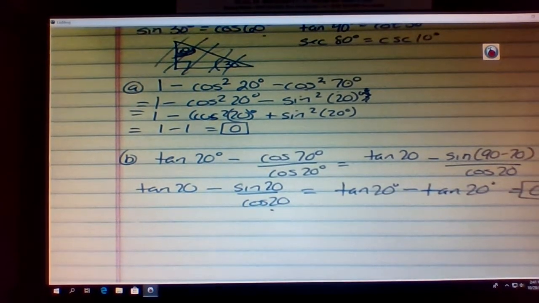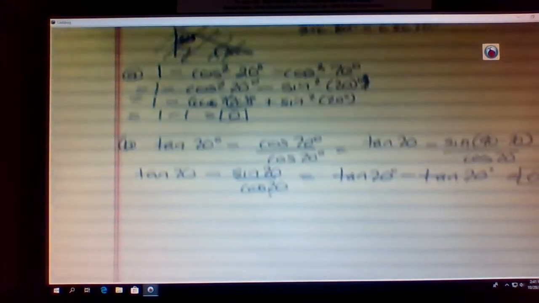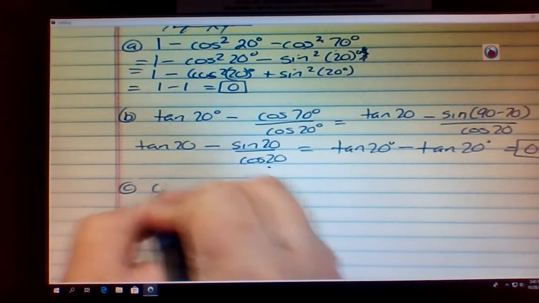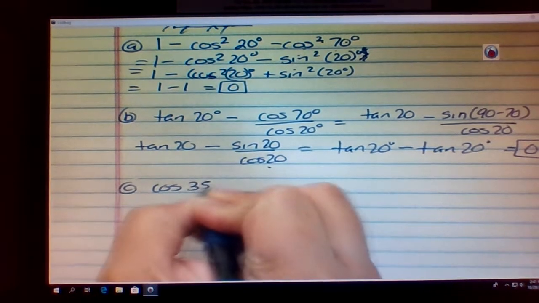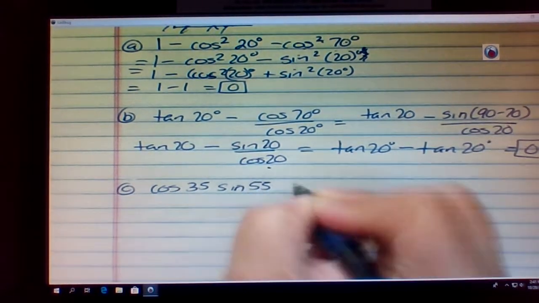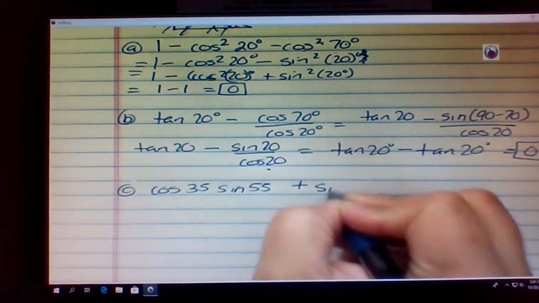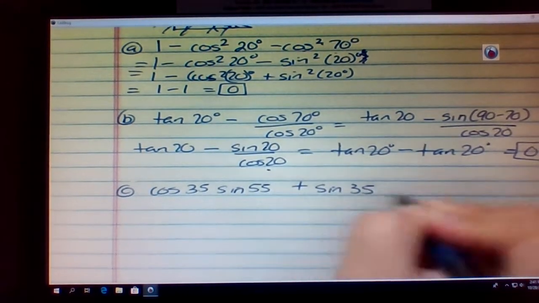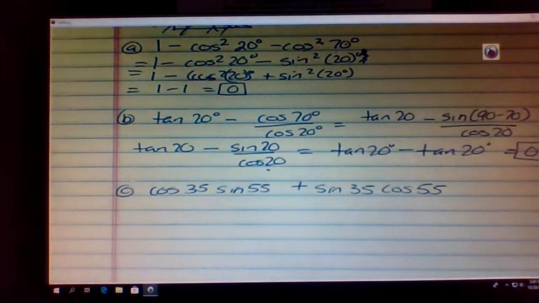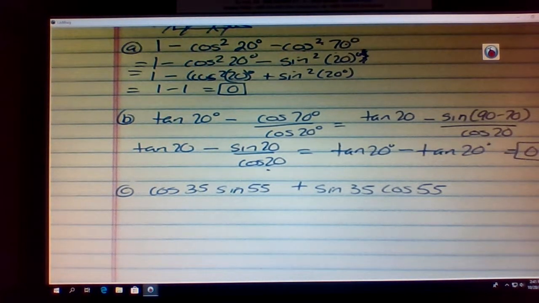And one last one to finish this whole section: cosine of 35 times sine of 55, plus sine of 35 times cosine of 55. Let's use the smaller angle, which is 35. Is 90 minus 55 equal to 35?